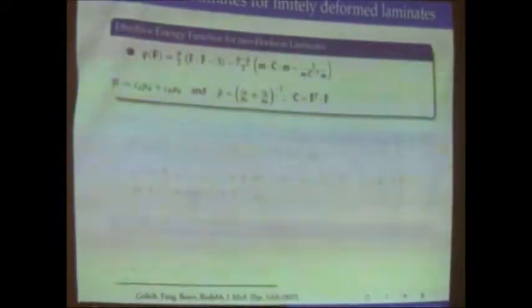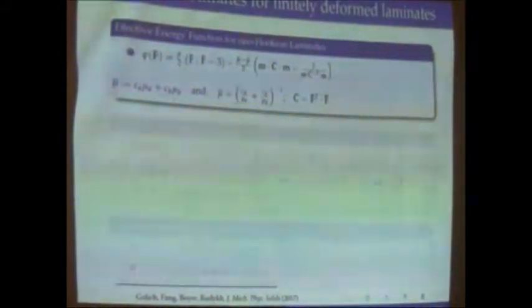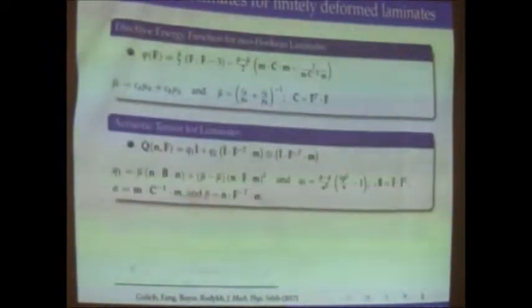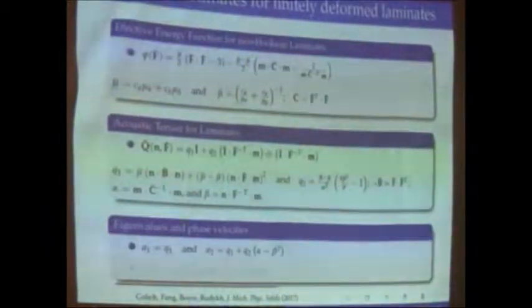So, back to laminates. For finitely deformed laminates, we can obtain an exact solution in the framework of large deformations, and from this exact solution we can construct an effective energy function, which is here. Once we have an effective energy function, it's straightforward to derive the acoustic tensor and the velocities of the wave.